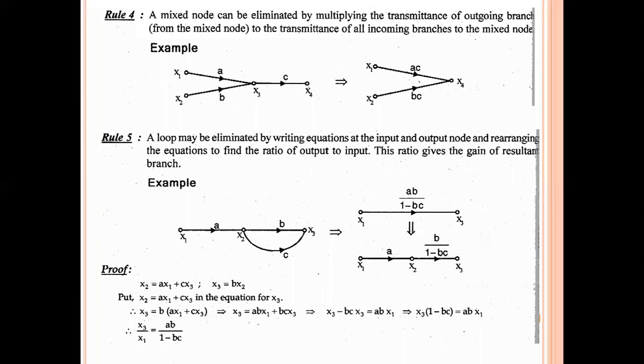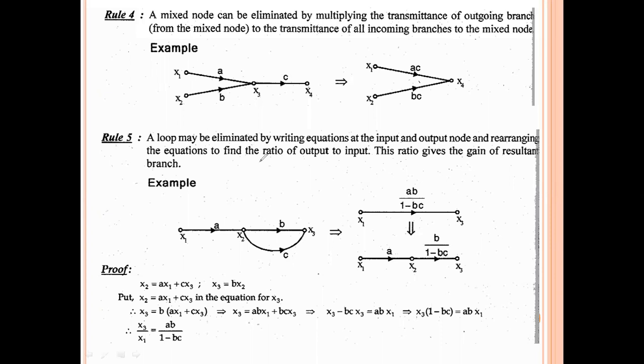And next rule, that is rule number 5, which is very similar to our rule number 10 and 11, elimination of feedback loop. 10 and 11 both are elimination of feedback loops. Of course, 10 is elimination of negative feedback loop and 11 is elimination of positive feedback loop.